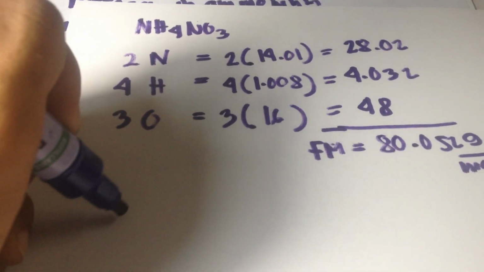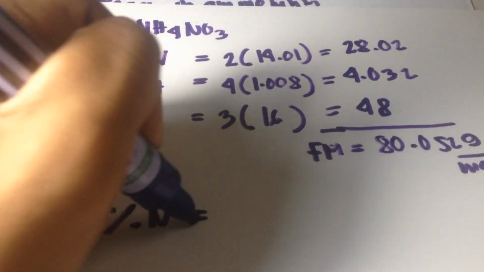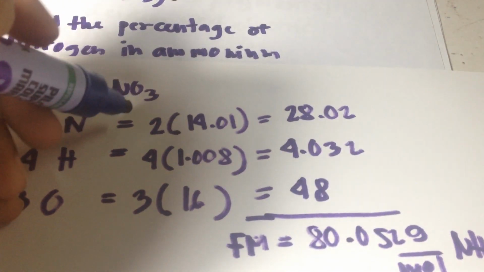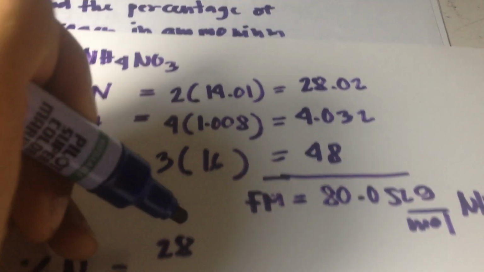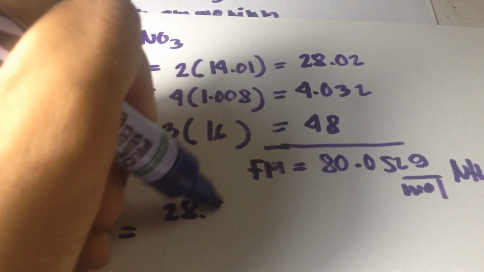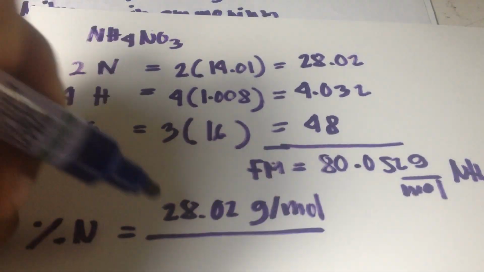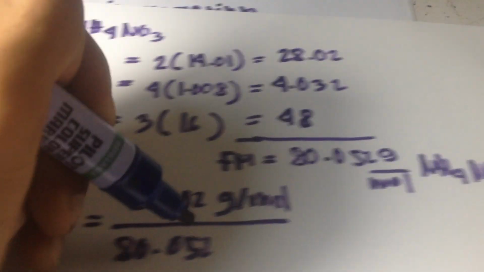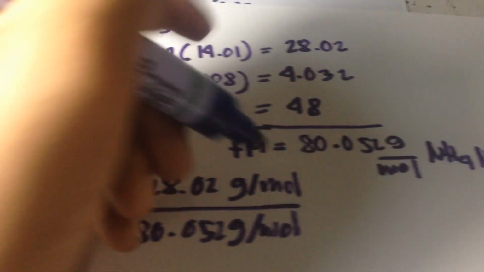So percent of nitrogen is equal to the molecular weight of nitrogen, which is 28.02 grams per mole, over the formula mass, which is 80.052 grams per mole, and then times 100%.